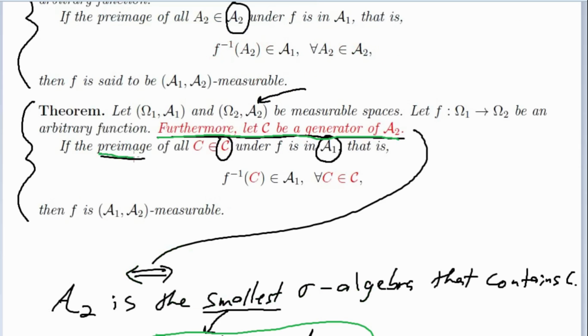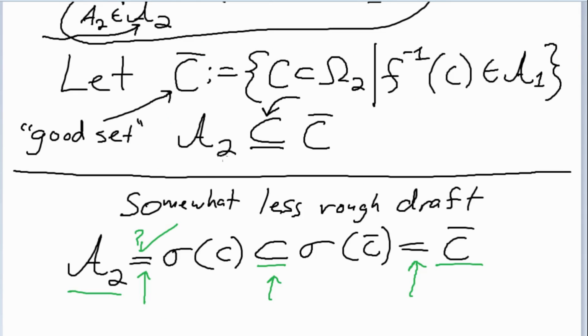If it is indeed the case that the pre-image of all C in calligraphic C under F is in A1, that is, if this is the case, then F is A1, A2 measurable. So if this is the case, then I should be able to use that in our proof, right? So let's write that down here.